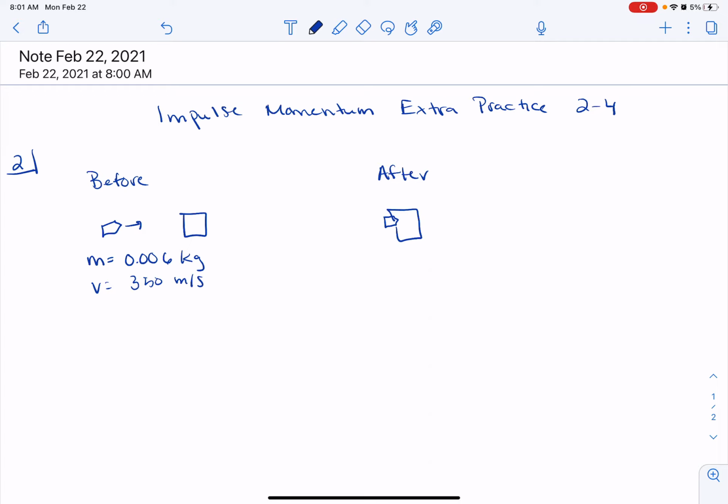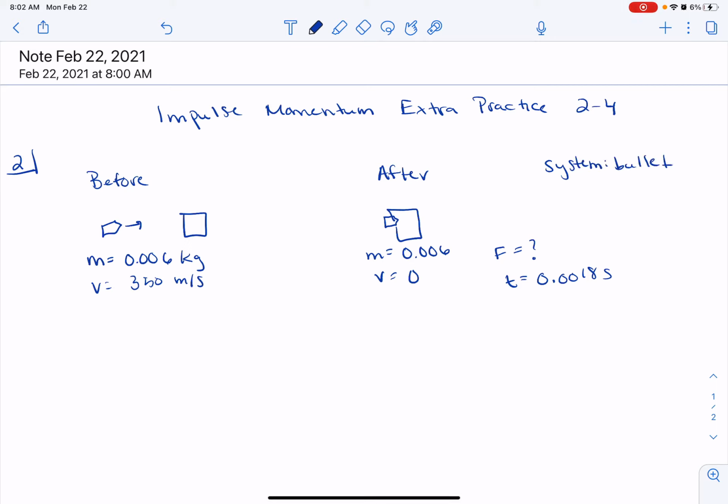After the collision, the mass does not change, so it's still 0.006. Since the container stops it, our velocity must be 0. We don't know the force, but we do know the time is 0.0018 seconds. I also want to point out that our system is the bullet.